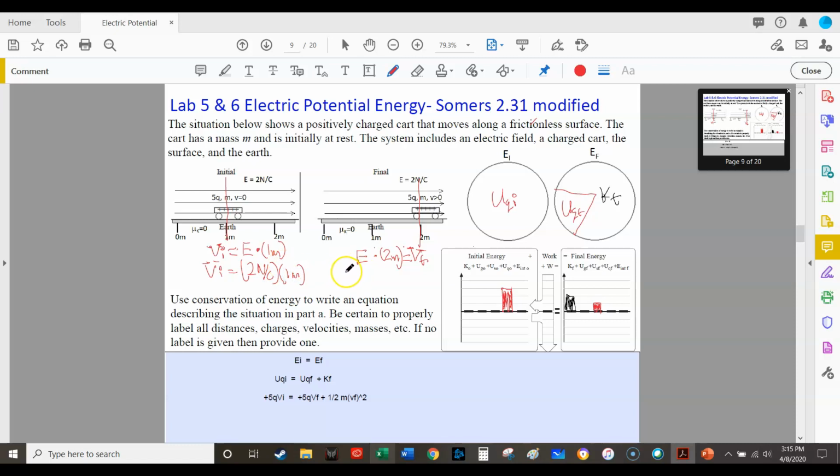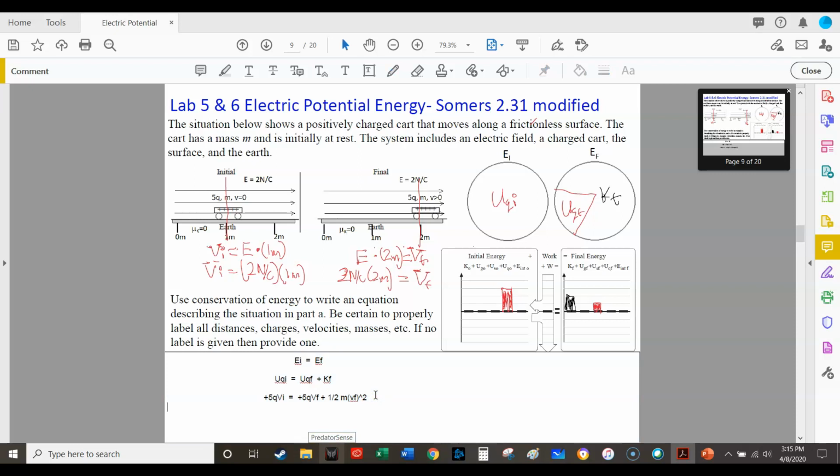And that final voltage is going to be 2 newtons per coulomb times 2 meters. Since we have such a clear definition of the initial and final voltage, really the only thing to solve for is the final velocity, most likely, if you're going to be doing this problem.